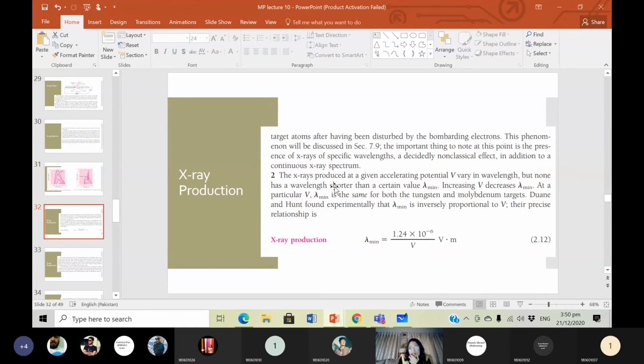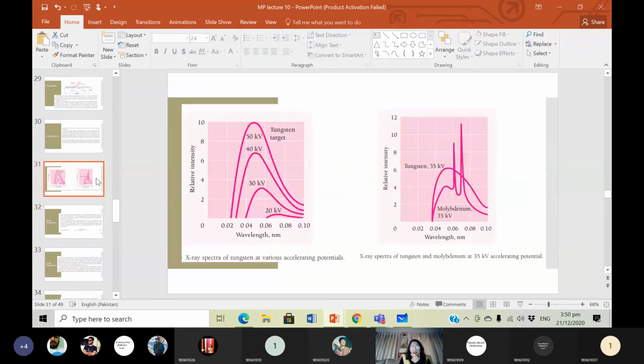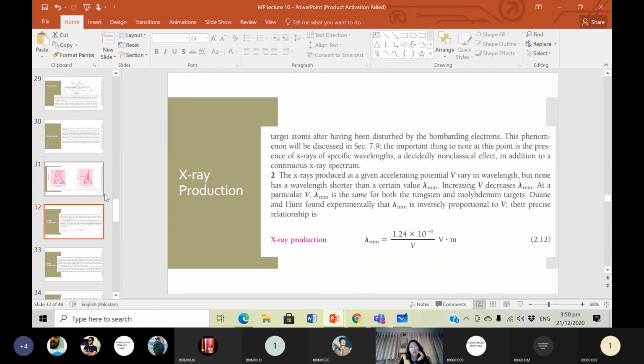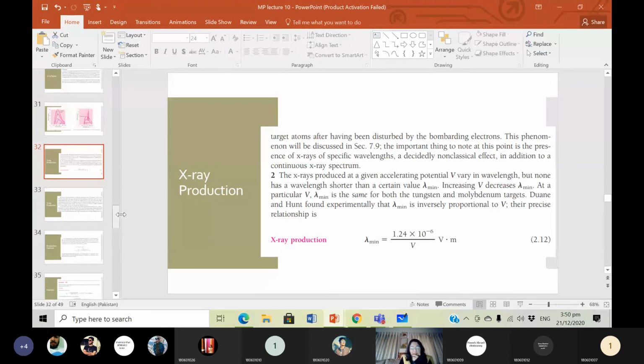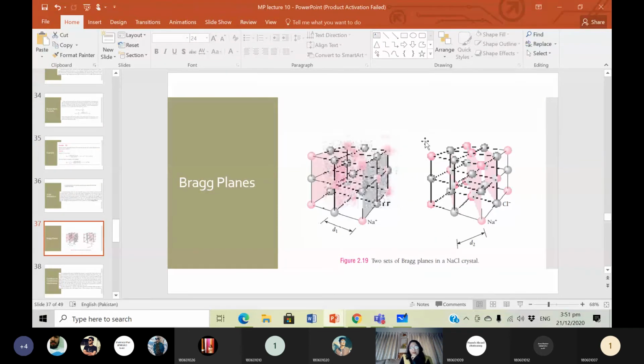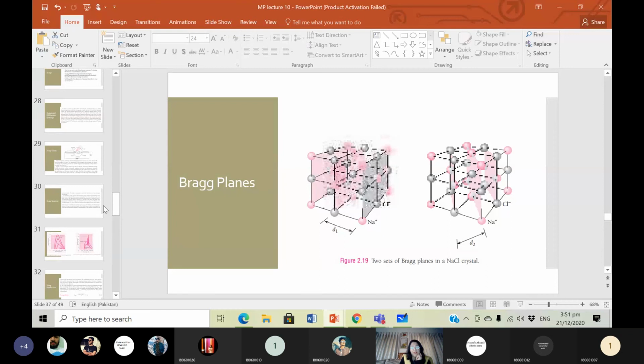Basically, these peaks tell you the maximum of the X-ray diffraction, because when X-rays are produced, they strike a target. Then we will get some diffraction because of the crystals that are there. The target crystals have some spacing between their atoms, and because of that, there will be some diffraction of the X-rays.